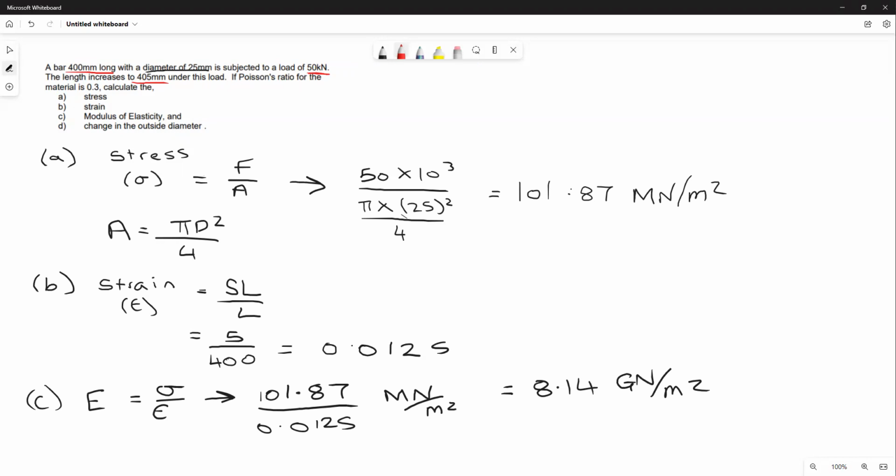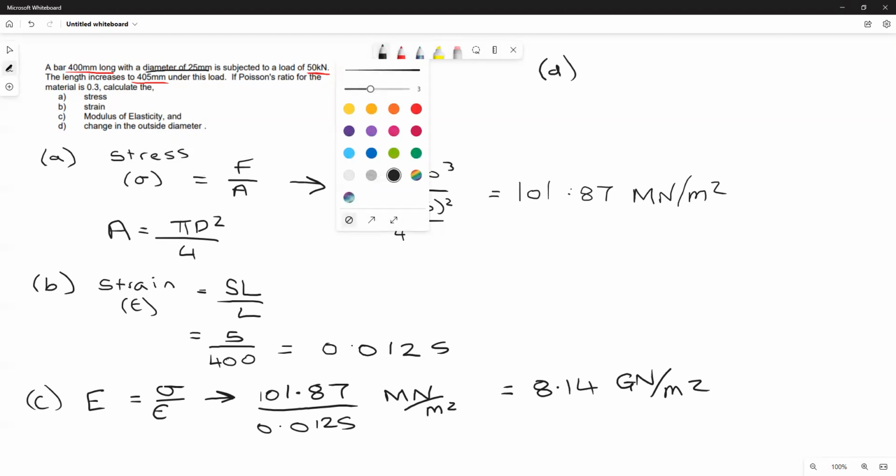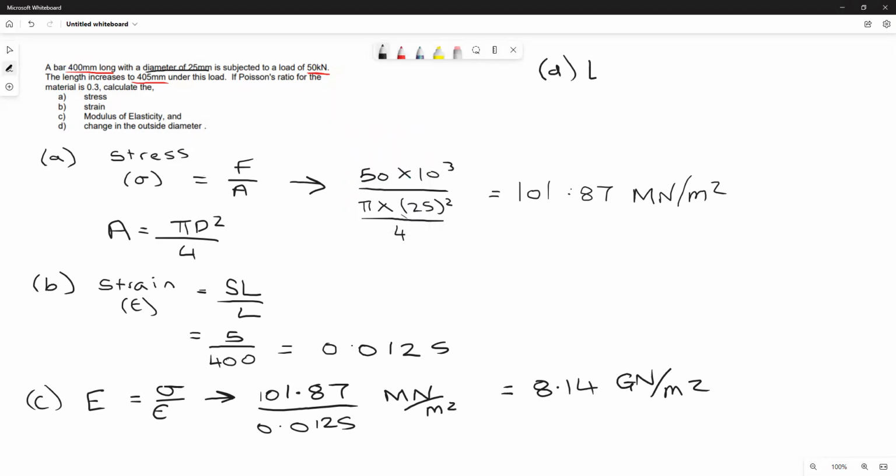And then next we move on to working out the change in the outer diameter. So in order to do part D of the question, we would need to work out the lateral strain, and there's a special formula that you would use for that.